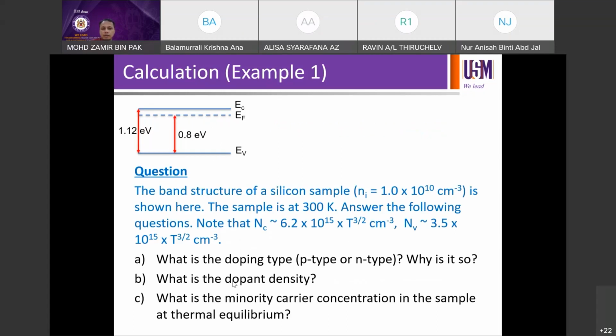So your N here, is it your majority carrier or your minority carrier? Anyone? Your N in this case is your majority carrier or your minority carrier? Haziq? Everyone said majority. Bala majority, Najia majority. Haziq, what do you think? Majority or minority? Major, Doktor, major. Why majority?